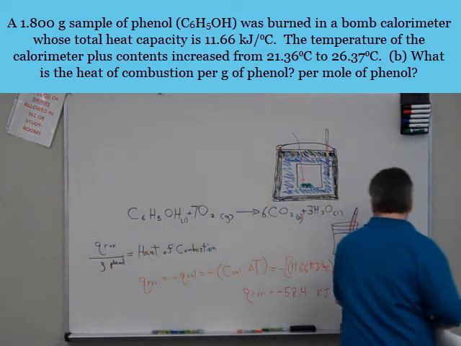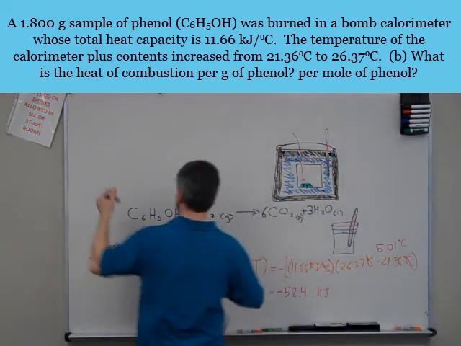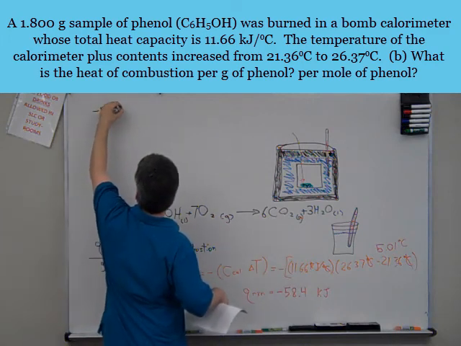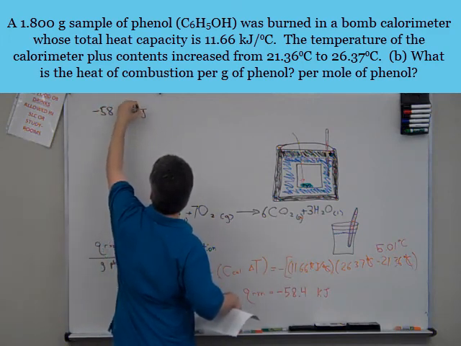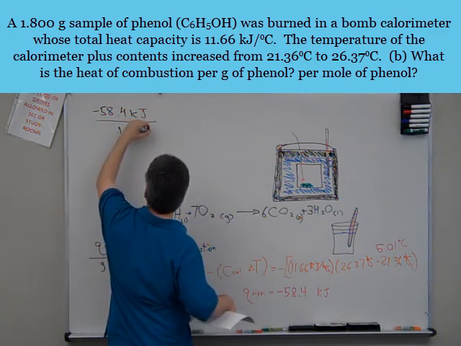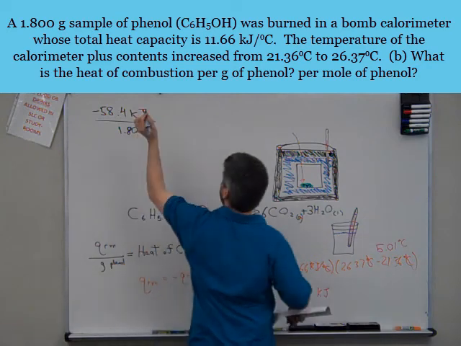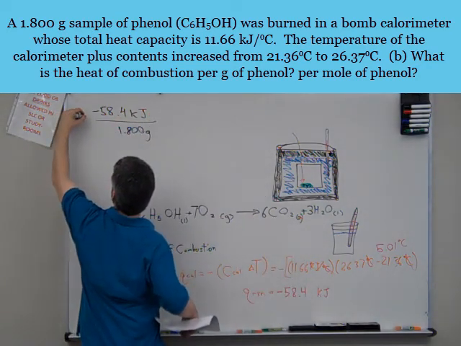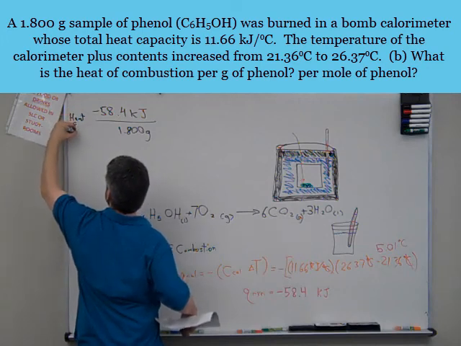Then I'll take my Q of reaction, which is negative 58.4 kilojoules, divided by the grams, which is 1.800 grams of phenol. And that's my heat of combustion.